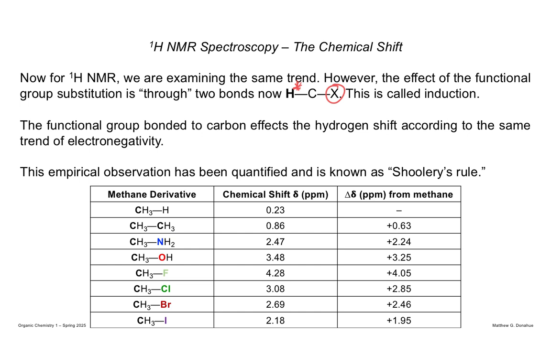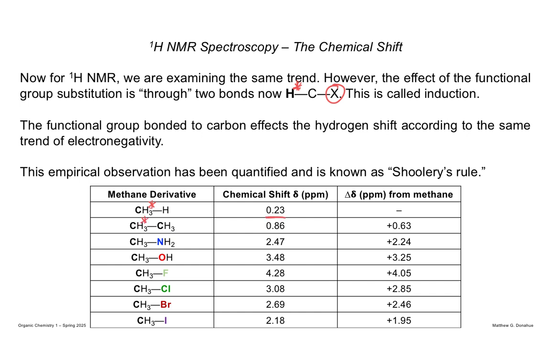In the proton NMR, if we set methane, pardon the bolded carbons, but we're looking at the hydrogens now. So I'll just put a star by those hydrogens.